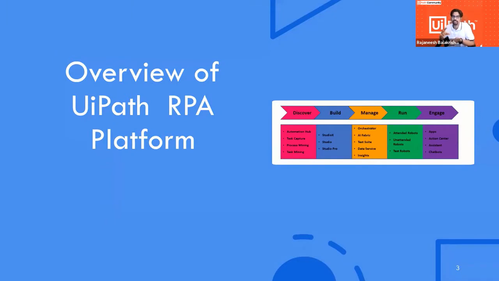Then they generate reports telling how much feasibility there is for this automation, and what percentage can be automated or cannot be automated. There are many tools available with UiPath for this. It's a highly advanced topic, but I'm not going to touch on it.